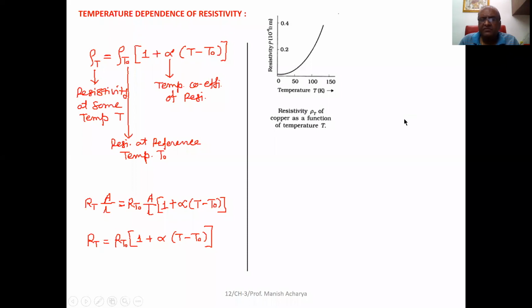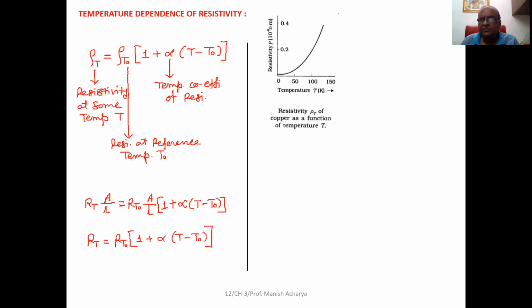Now for different materials, how the resistivity changes with temperature is given to you. Suppose we think about metals. Here the example of copper is given, a graph of resistivity versus temperature.